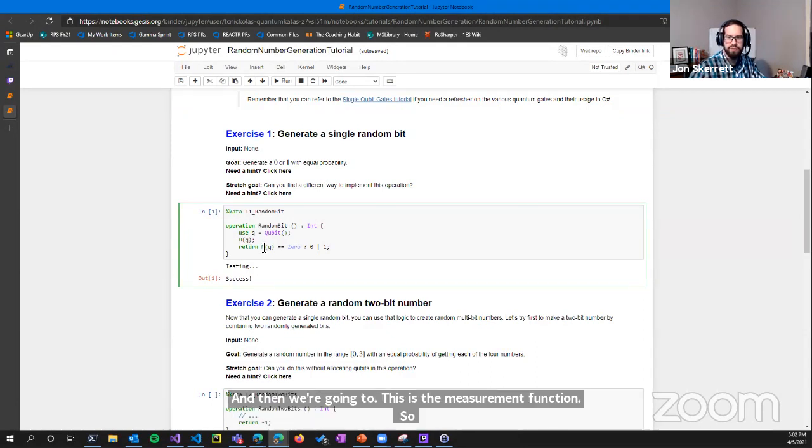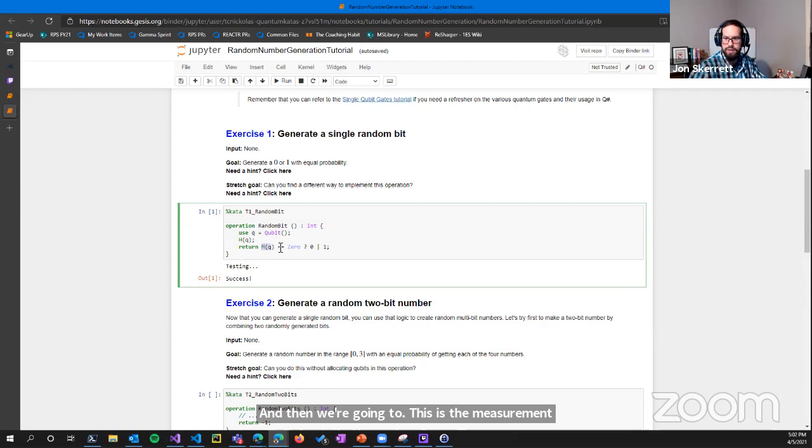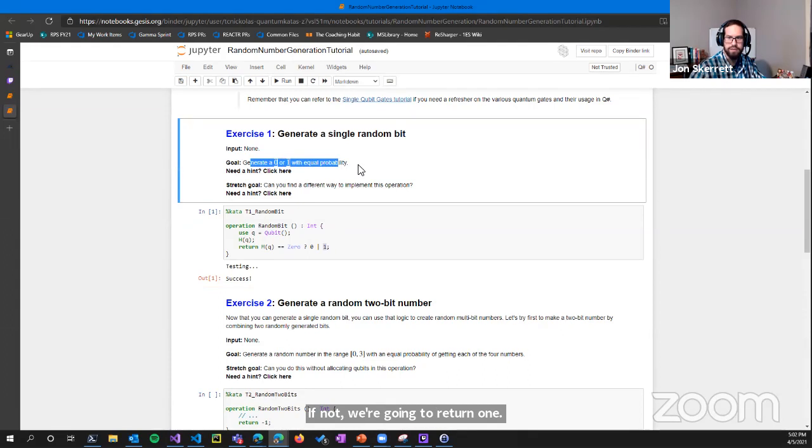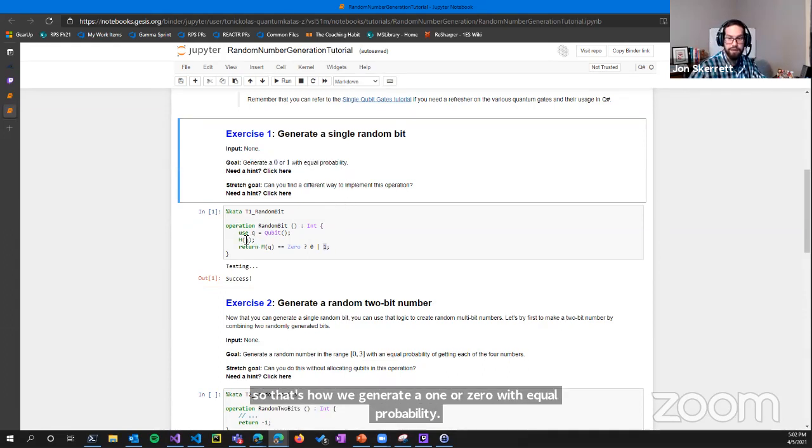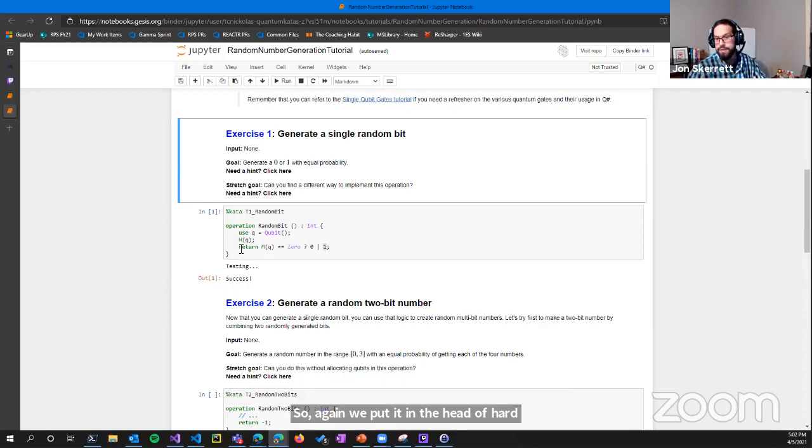So we're going to measure the qubit. And if the measurement is 0, then we're going to return 0. And if not, we're going to return 1. And so that's how we generate a 1 or 0 with equal probability. We apply the Hadamard operator, and then measure, and then have it come out the back end with either a 1 or a 0.